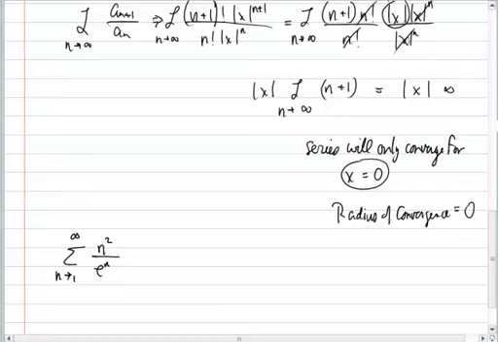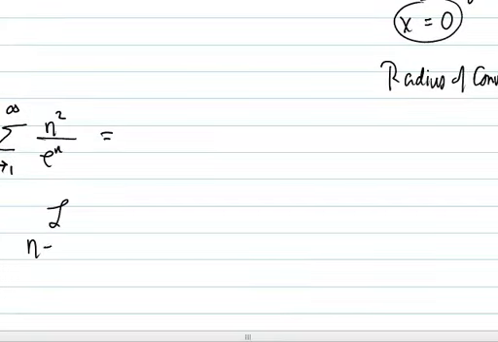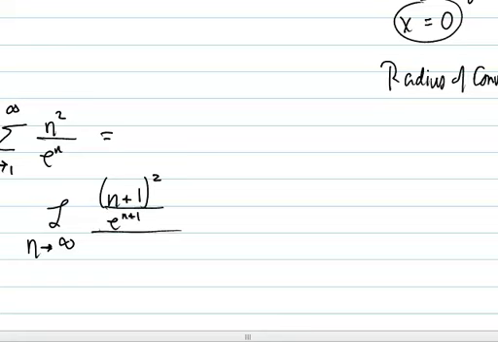So we will use the ratio test, and we'll check the limit as n goes to infinity of n plus 1 squared over e to the n plus 1 divided by n squared over e to the n.